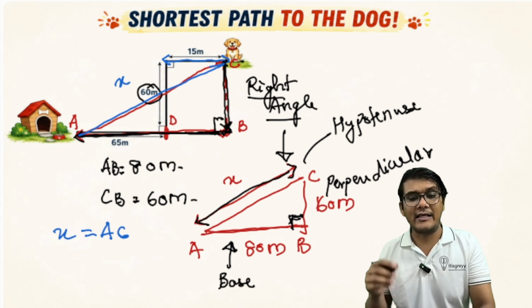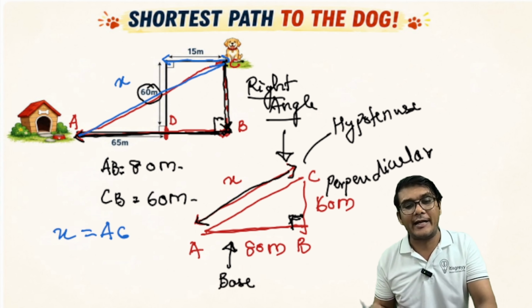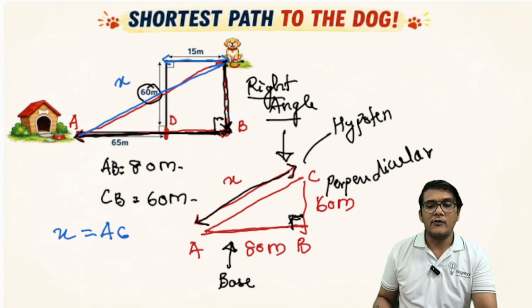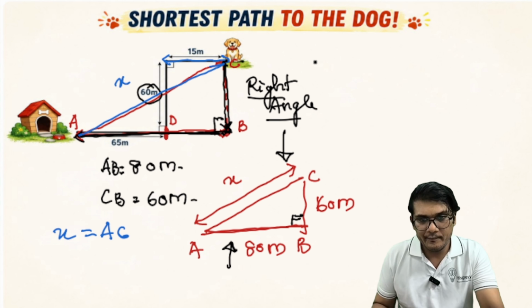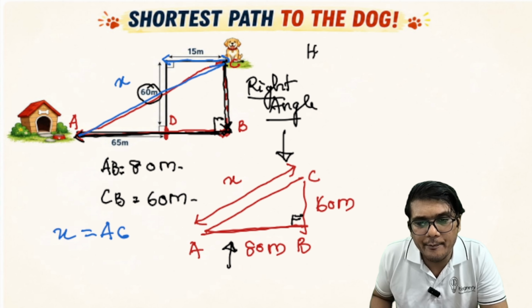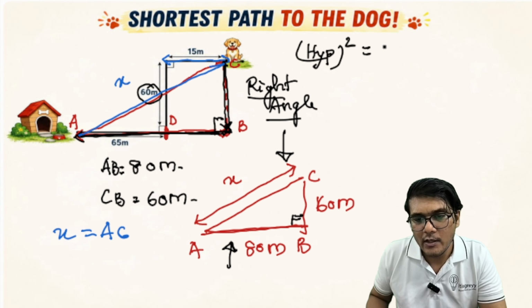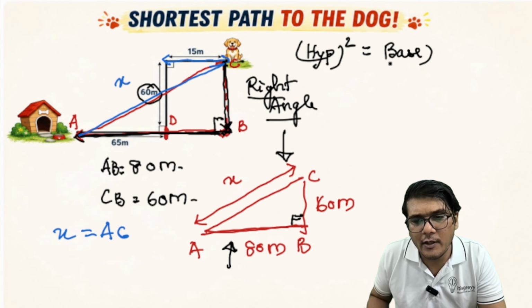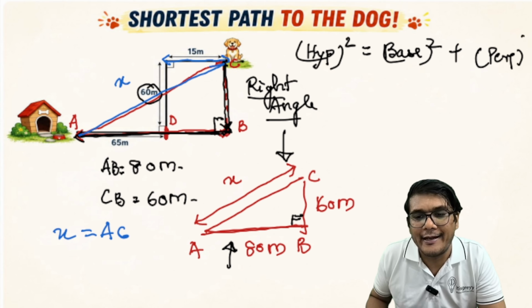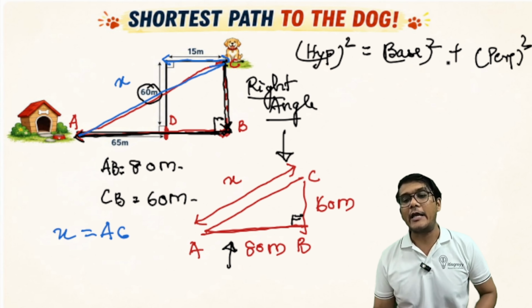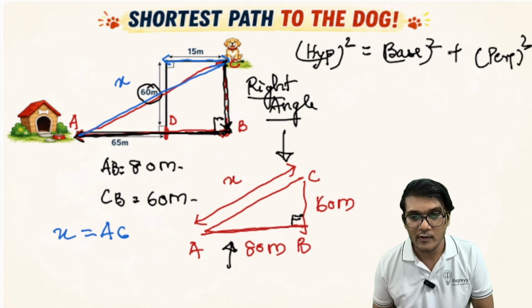Now, what is the relationship between the base, perpendicular and the hypotenuse? See, let's understand this. According to the Pythagoras theorem, the hypotenuse square is basically equal to the square of the base plus the square of the perpendicular. This is what the Pythagoras theorem is.